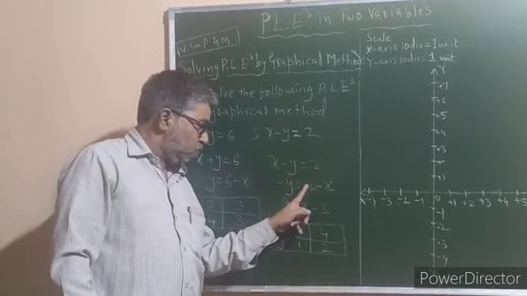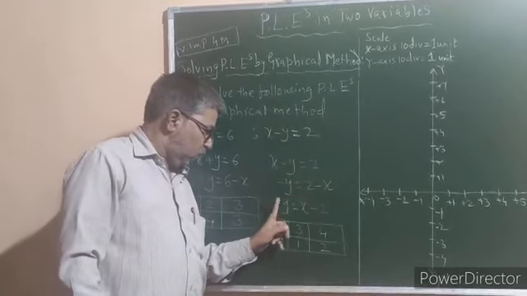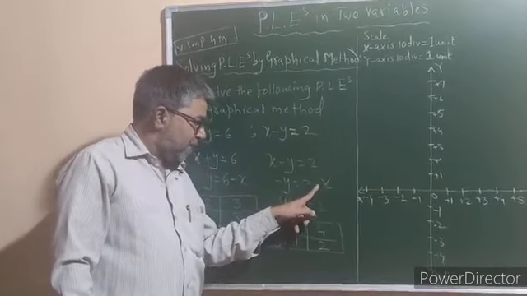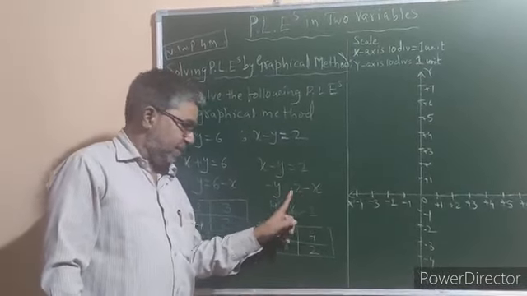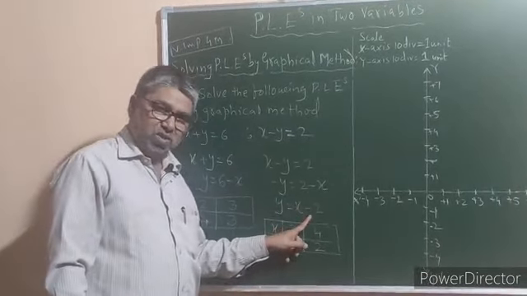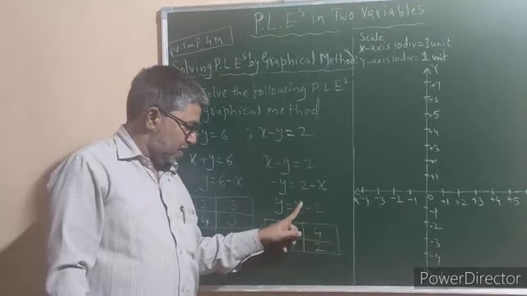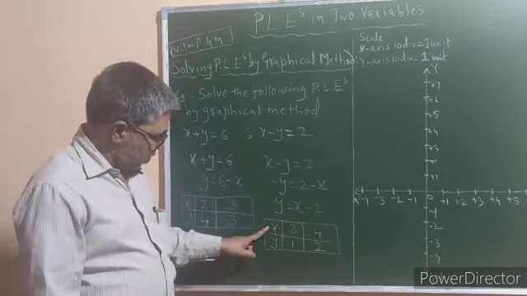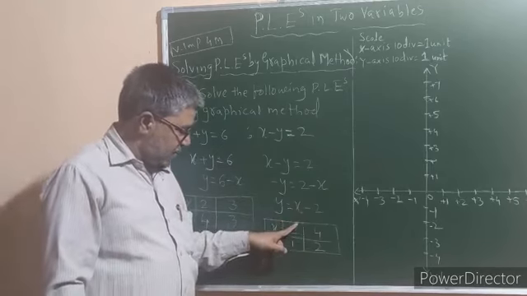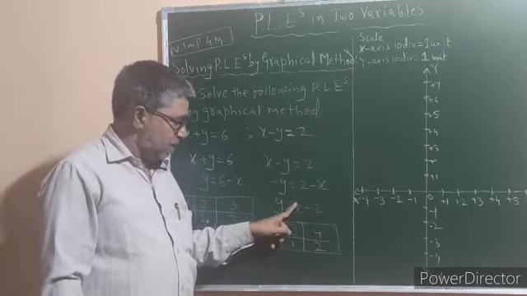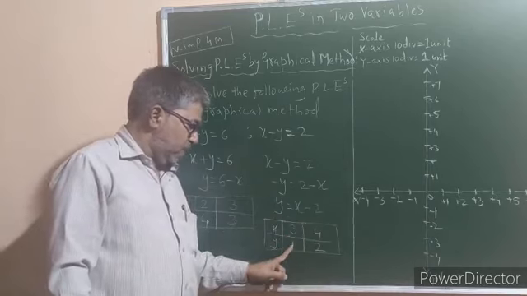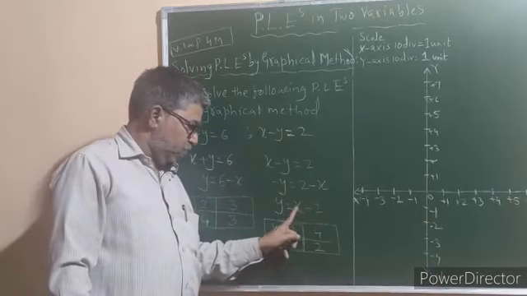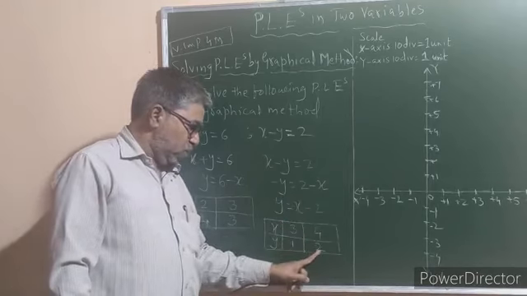Minus y is equal to 2 minus x, therefore y is equal to minus 2 plus x, and minus 2 plus x is nothing but x minus 2. So this is the second equation's standard form. Now consider the value of x as 3, replace x by 3, 3 minus 2 will be 1. Take x as 4, replace x by 4, 4 minus 2 will be 2.